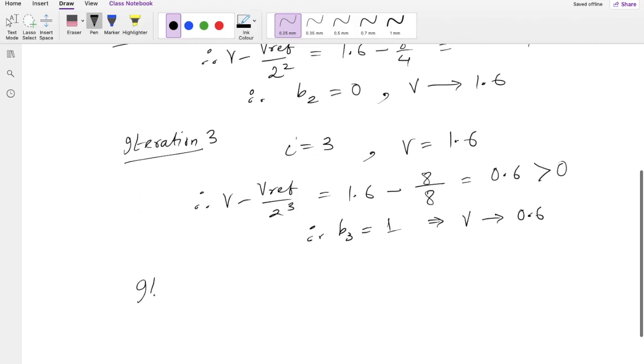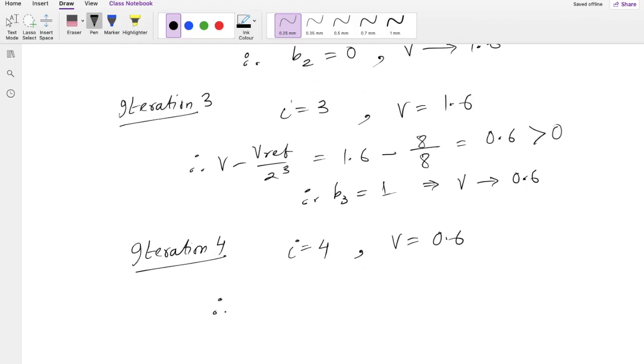In iteration number 4, I equal to 4 and V equal to 0.6. Therefore V minus Vref by 2 power 4 is equal to 0.6 minus 8 by 16, which is 0.5.